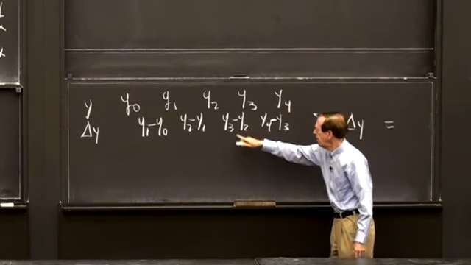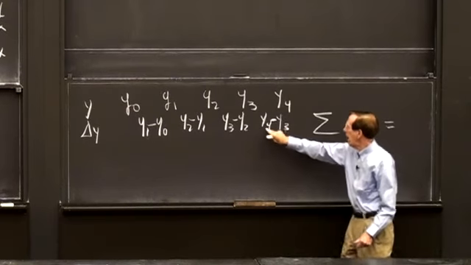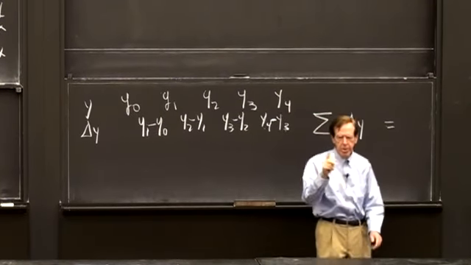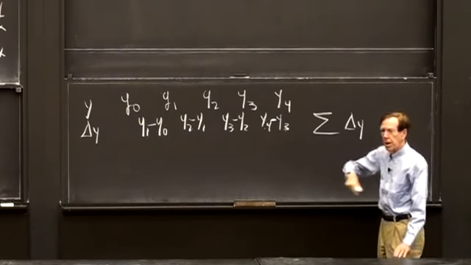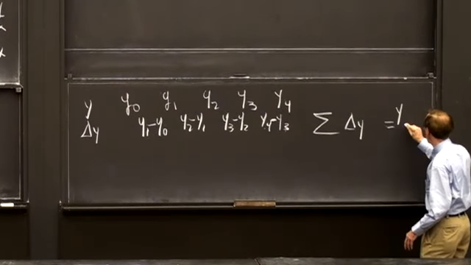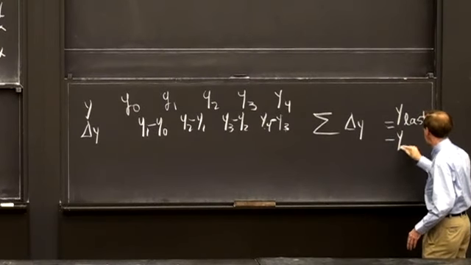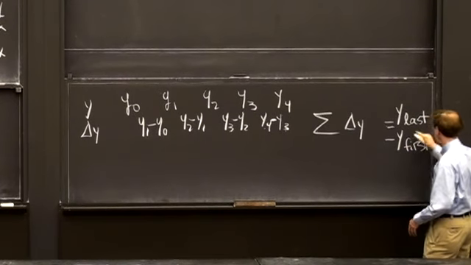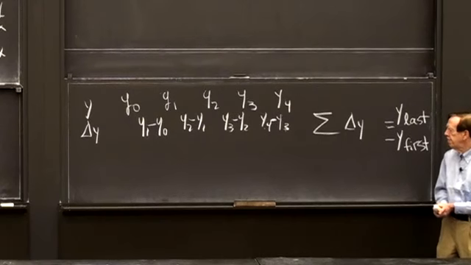It's what happened after all those cancellations. Did everything cancel? No way. y4 is still there, minus y0 is still there. So it was y4 minus y0, the last y minus the first y. I'll just write y last minus y0, y first. y end minus y start is the sum of the delta y's.